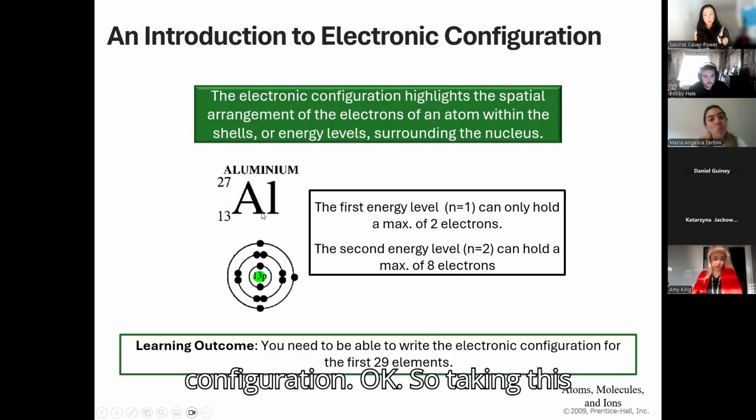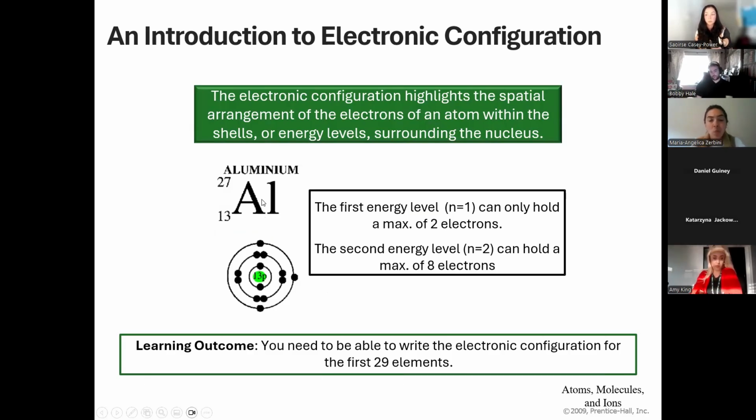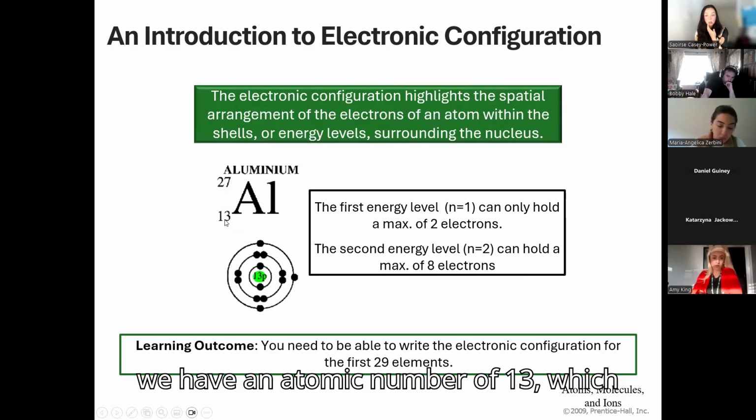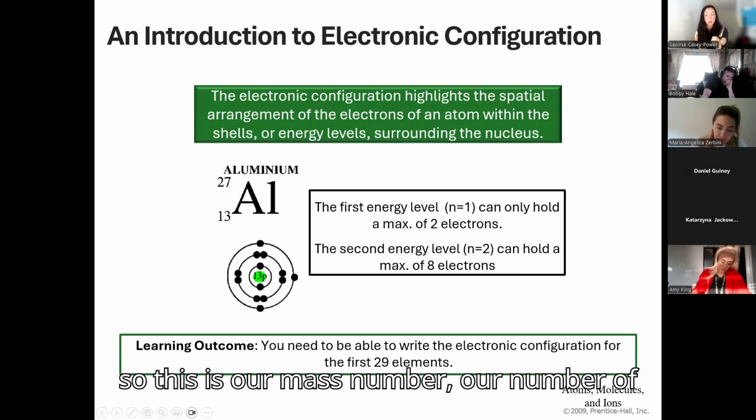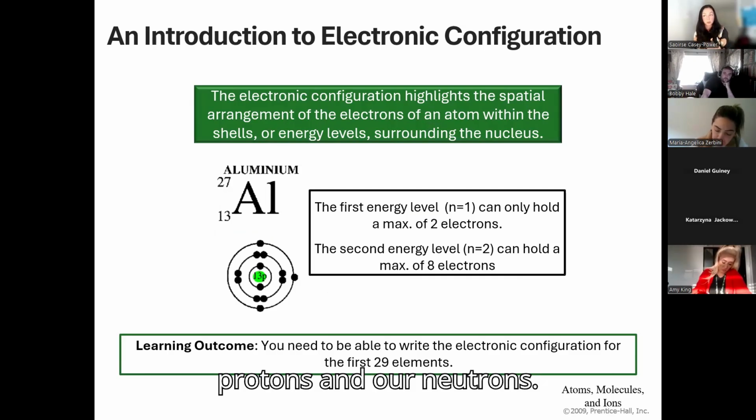Taking this example, we have aluminium. We have an atomic number of 13, which means we have 13 protons in our aluminium. And we have a 27 atomic mass unit, so this is our mass number, our number of protons and neutrons.